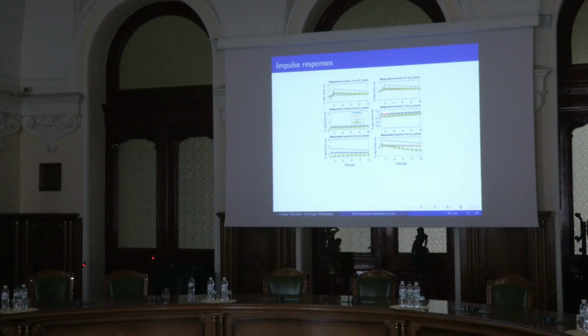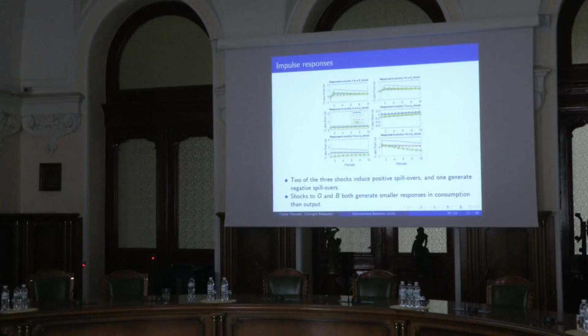Well, as you can see, consumption goes up, but all the other objects here, production, investment, oil use, they go down. And this A shock is kind of the standard model. This is actually what it predicts. This is what you get from this shock. Things go in the wrong direction.